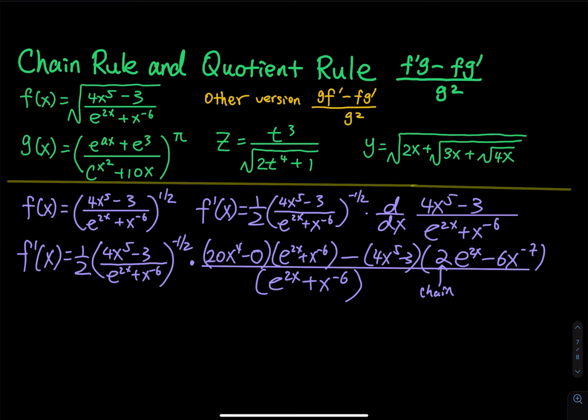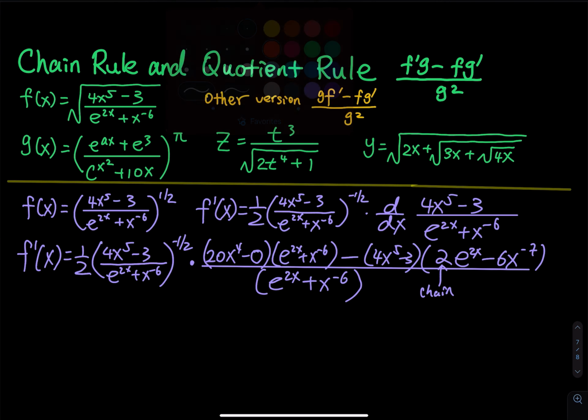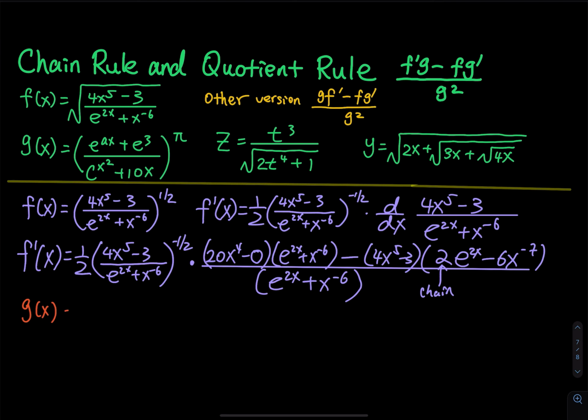And then the second function, we have g of x. We have g of x equal to the whole thing raised to the pi, right? So we have a big fraction raised to pi, e to the ax plus e to the 3rd, which is a constant, divided by c to the x squared plus 10x, not 10 to the x, 10x. And then the derivative of that, so we have g prime of x.